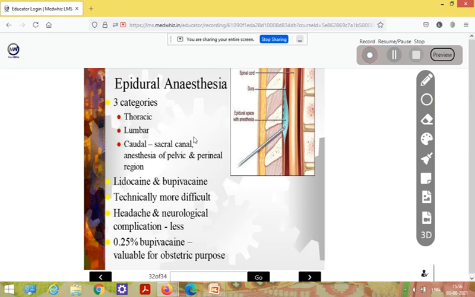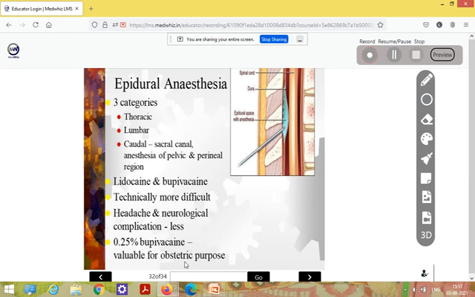Now, epidural anesthesia, as the name itself suggests, is injecting the local anesthetic into the epidural space. Again, in your epidural space, you have the thoracic space, the lumbar space, and the caudal or the sacral space. When compared to your spinal anesthesia, this is technically difficult, but it has a lot of advantages, especially when you're giving 0.25% bupivacaine for obstetric purposes, which I've already mentioned.